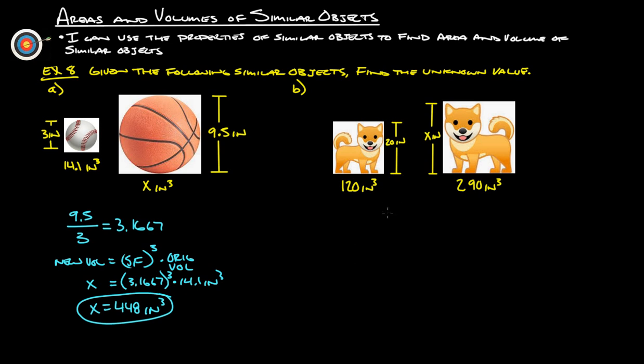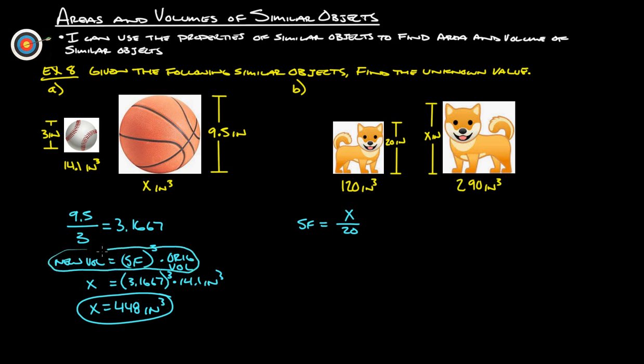This one here, we again want to start with our scale factor. So we start with 20 and we go to X. So X over 20 is the scale factor. Start with the image and then divide by the pre-image, so X over 20. And again, here's our formula.